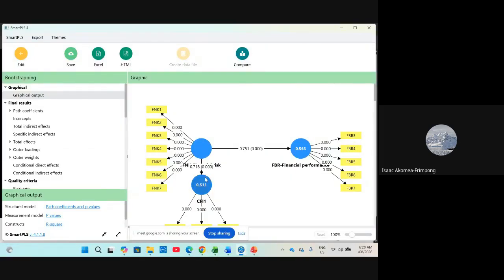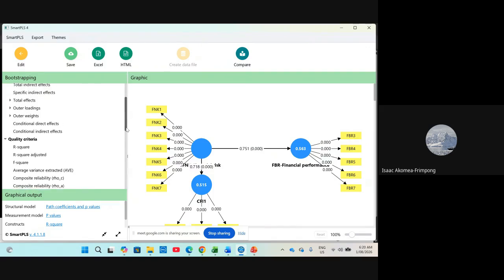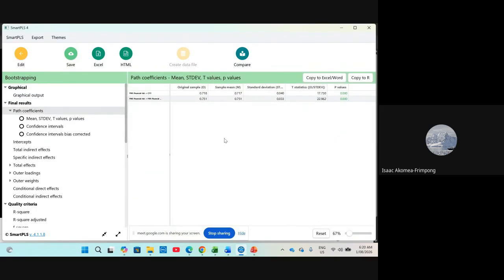Then the third could be that the indicators and the construct have issues, and you can look at this by looking at your construct reliability and validity table to ascertain that. I hope I have answered your question.